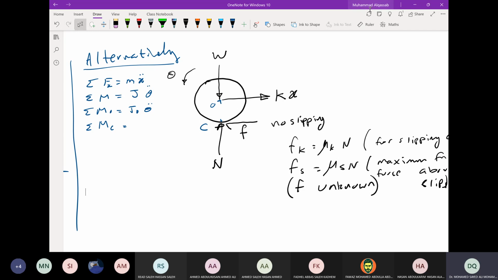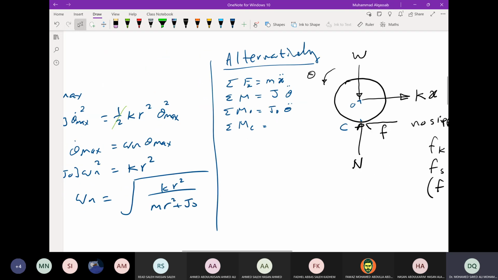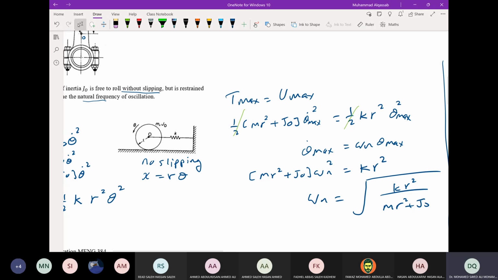For the moment equation, you can have a number of equations, or you can select the one that can give you the answer directly. Now what is given in the question is JO, about point O, not JC. So if you want to find JC, you can use the parallel axis theorem.